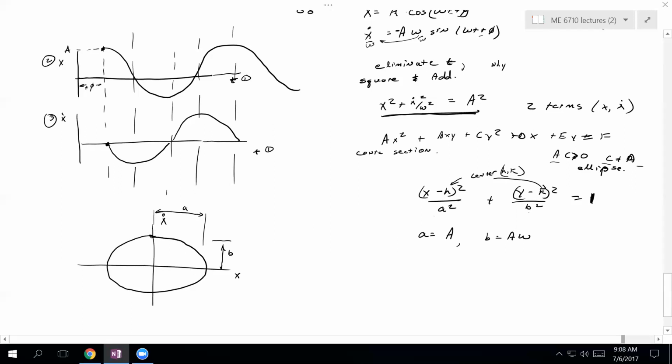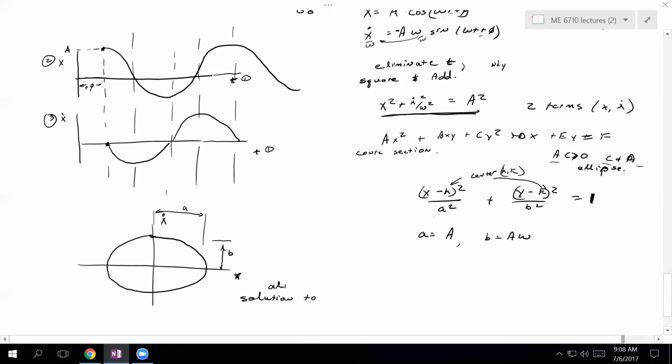It tells me how my response goes in terms of my two variables, x versus x dot. The only thing that's missing is I don't have time, but I can see this motion. All right, so this is a solution.